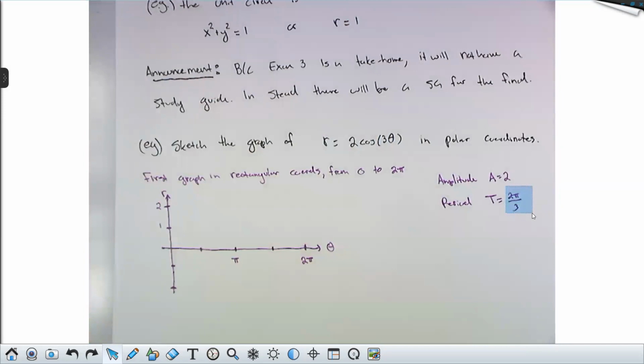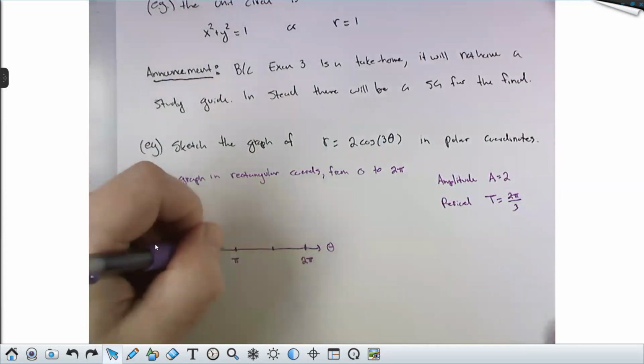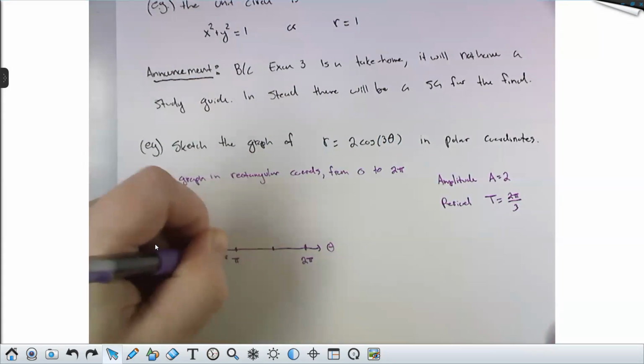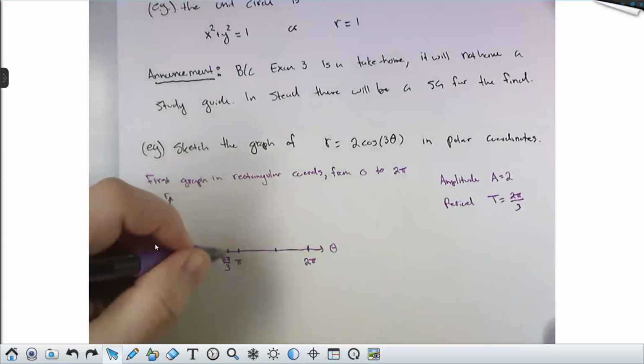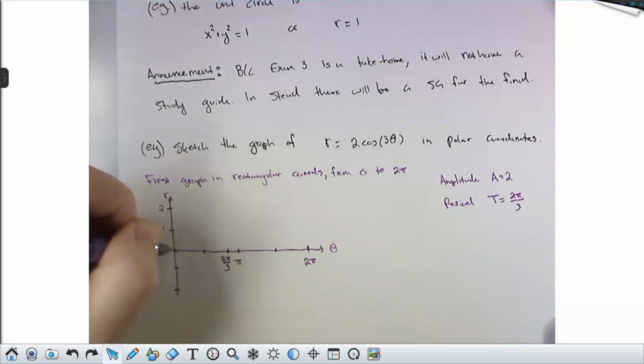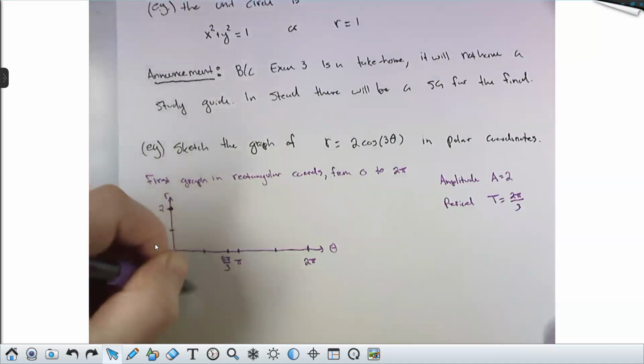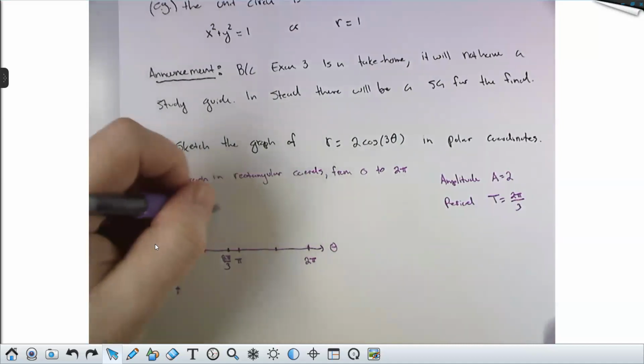So 2 pi over 3 is a little bit south of pi. So this is a cosine wave with amplitude 2 that completes a full cycle by the time you get to 2 pi over 3. So it's going to start up here, come all the way down, and all the way back up by the time you get to 2 pi over 3.